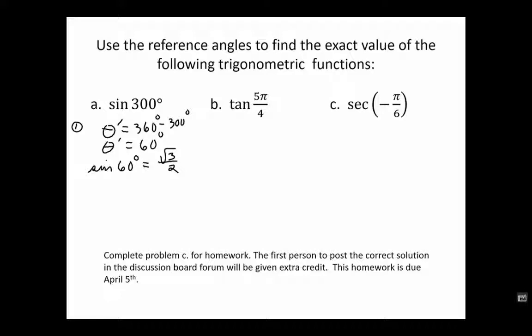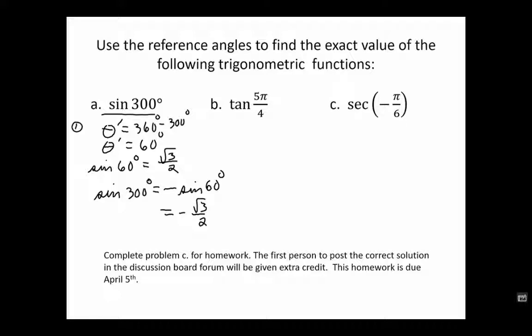Because the sine is negative in the fourth quadrant, we have that the sine of 300 degrees is equal to minus the sine of 60 degrees, which is minus the square root of 3 over 2. So the sine of 300 degrees is negative square root of 3 over 2.